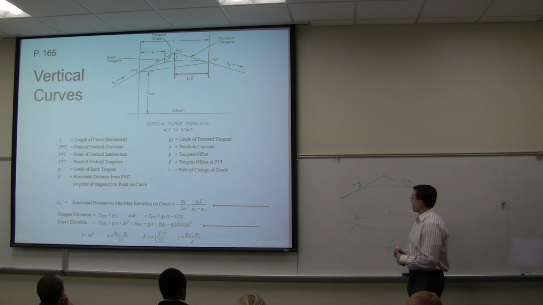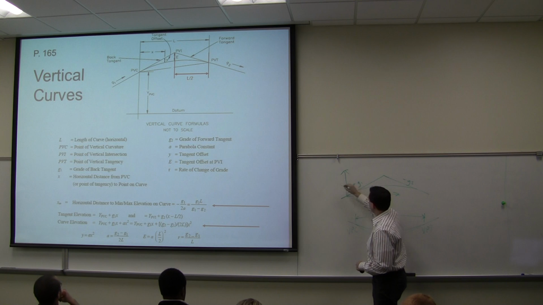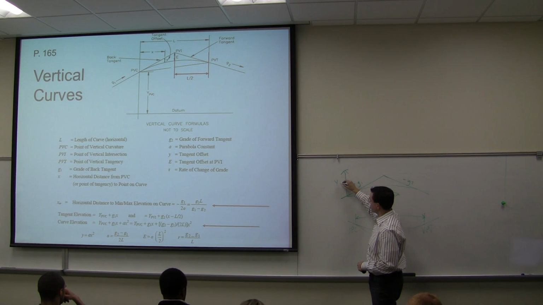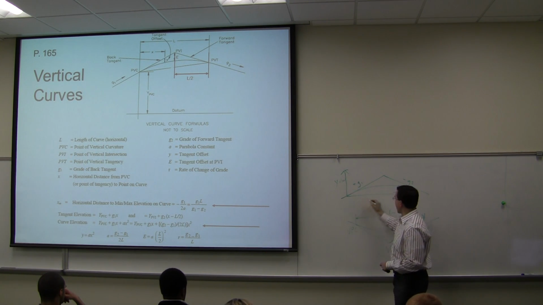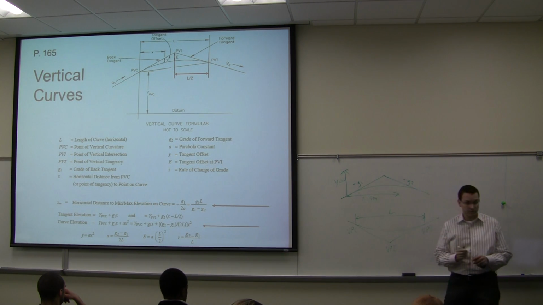So it's always good to think about these curves. You've got your y, you're looking for a y in the calculations, which is going to be an elevation. And then the x distance, the x is going to be the horizontal distance or some station reference.